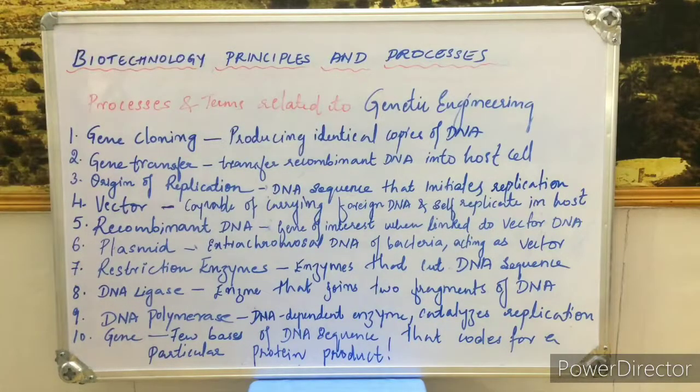You are going to alter the genetic composition of an organism by the techniques of biotechnology known as genetic engineering, wherein you either remove a gene or insert another gene in order to change the genetic composition to produce fruitful products in large amounts. That is done by genetic engineering.